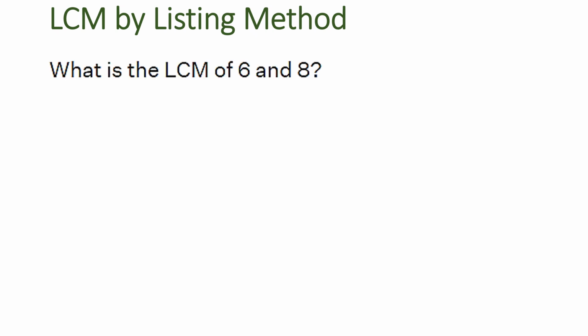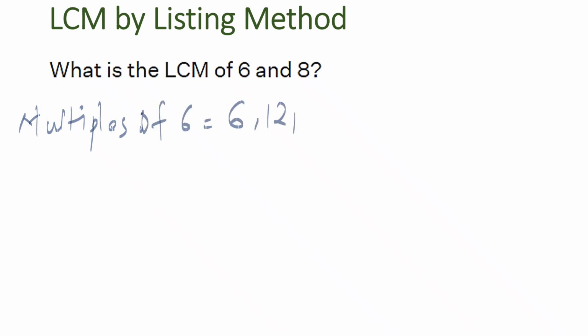First we will see the LCM by listing method. Suppose I have a question: what is the LCM of 6 and 8? I will first write all the multiples of 6: 6, 12, and so on.